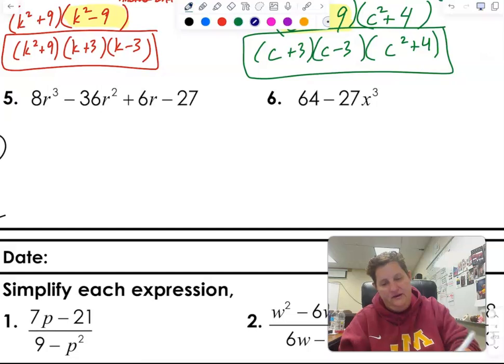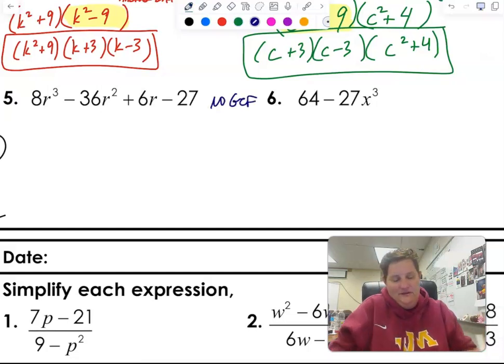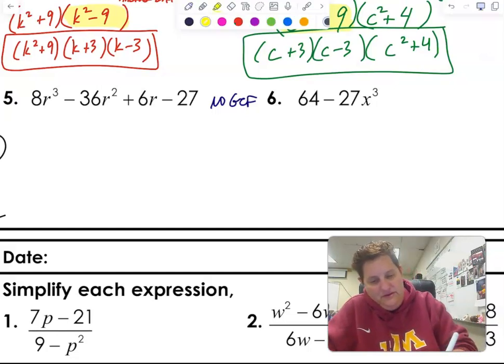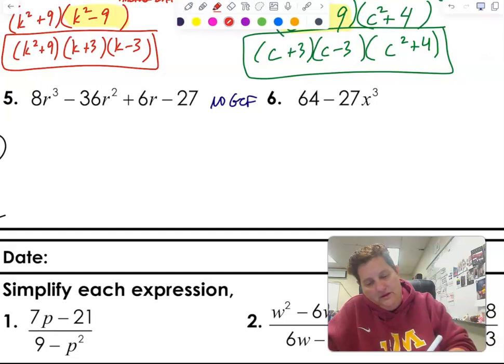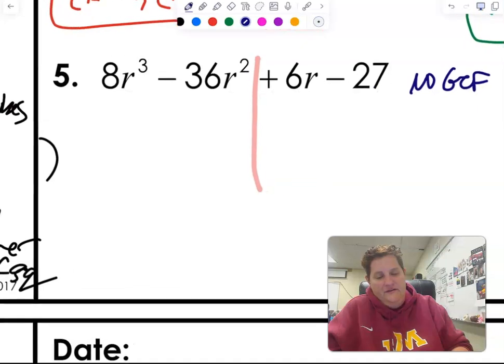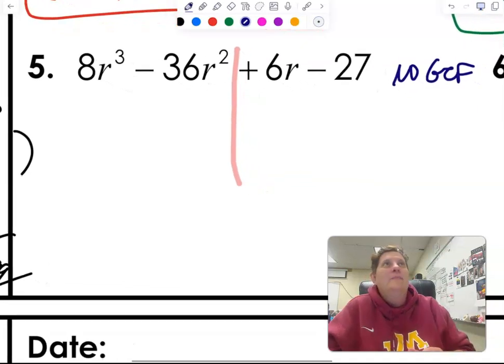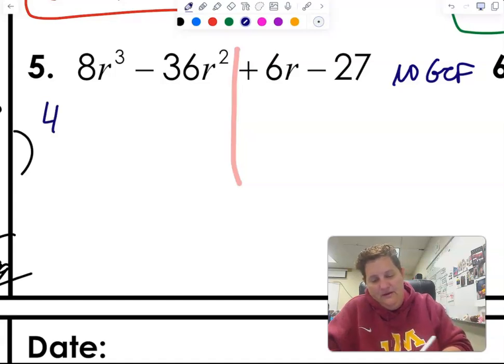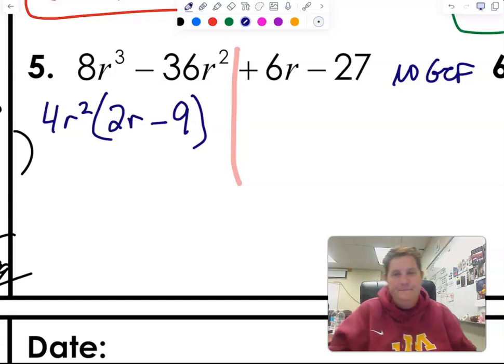Let's look at number 5. There's no GCF that I can see here, like 8 and 27 don't have anything in common. So, you guys remember how you do this? We go ahead and draw a line down the middle. And we do the GCF of the first 2. The only thing 8 and 36 have in common is 2, no bigger than 2, 4. I could take out a 4r squared, and I'm left with a 2r minus 9.